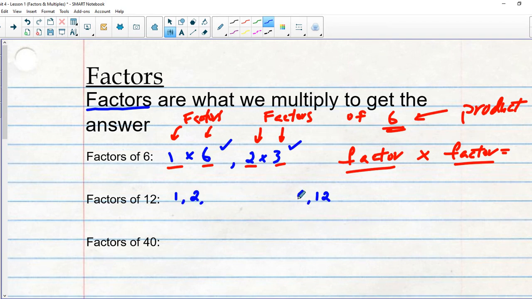Yeah, 6. How about 3? 3 times what gives you 12? 4. What about 4? 4 times 3, we did that already. How about 5? No. How about 6? 6 times 2, so it's the same numbers. And then 7? No. 8? No. 9? No. 10? No. 11? No.